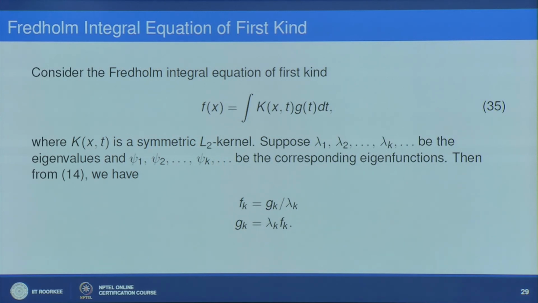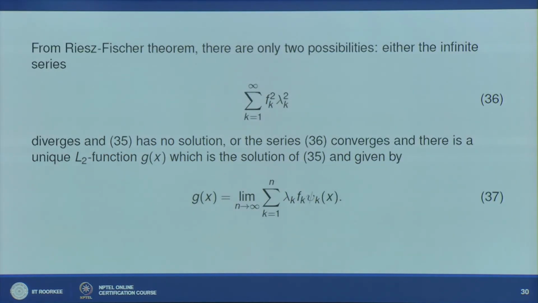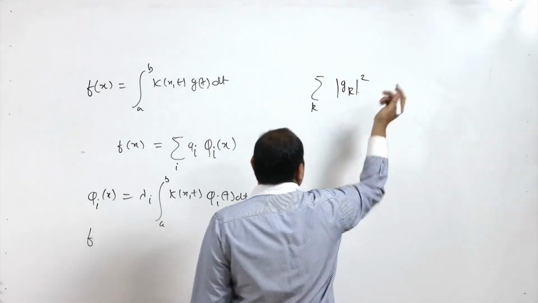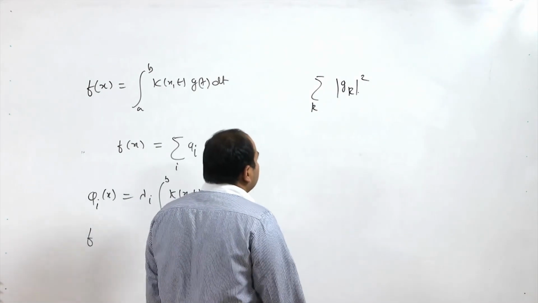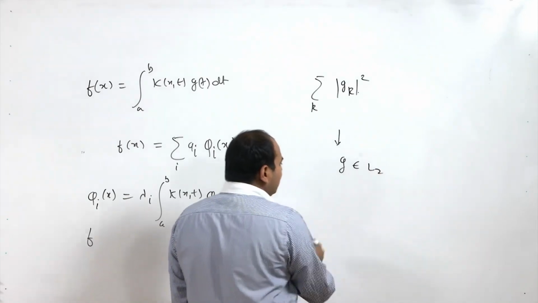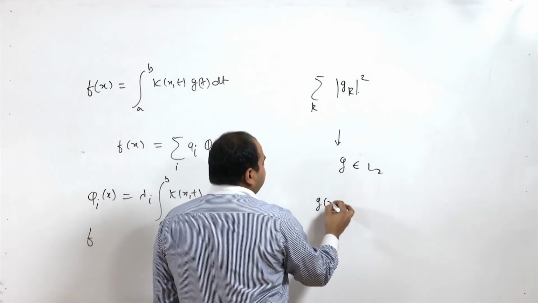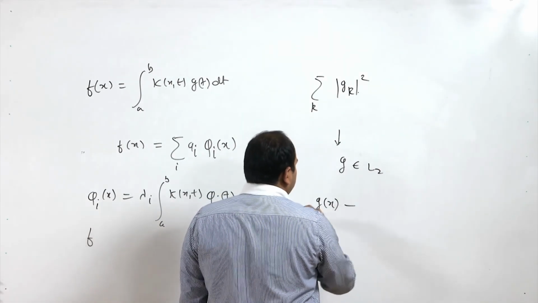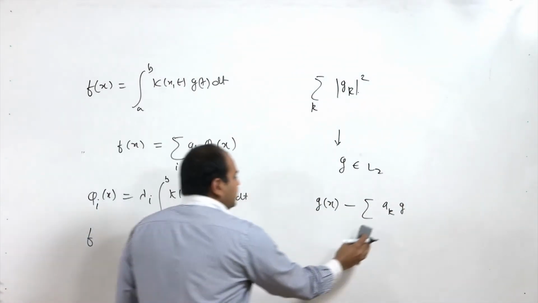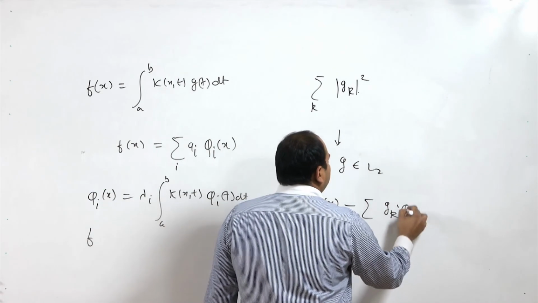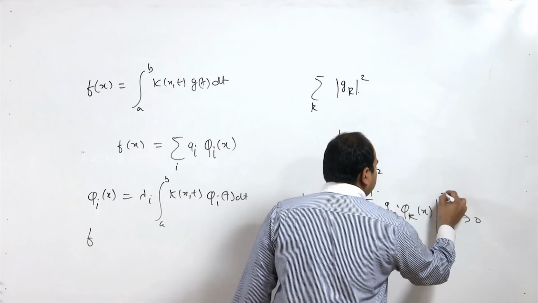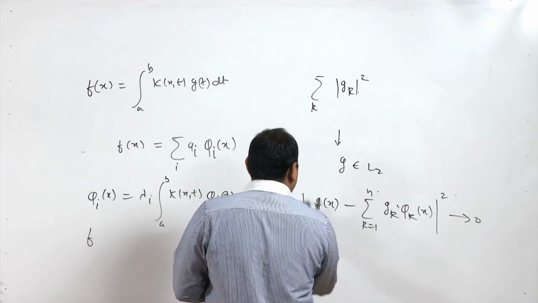Here we have to recall the Riesz-Fischer theorem, which says that if we have this g_k, and this series is absolutely and uniformly convergent, then we have a function g, of course in L2, such that the norm of g of x minus the summation of g_k phi_k of x, k equal to 1 to n, is tending to 0.